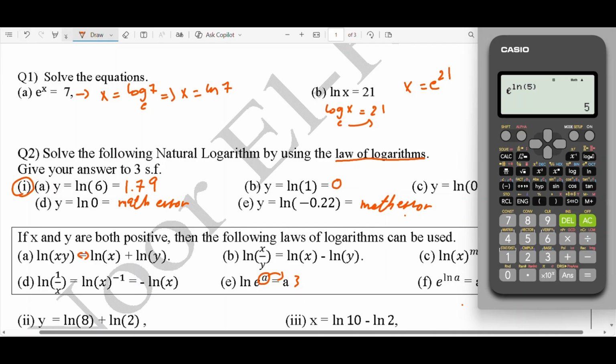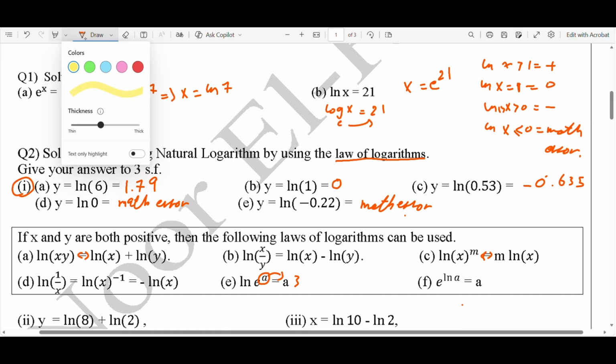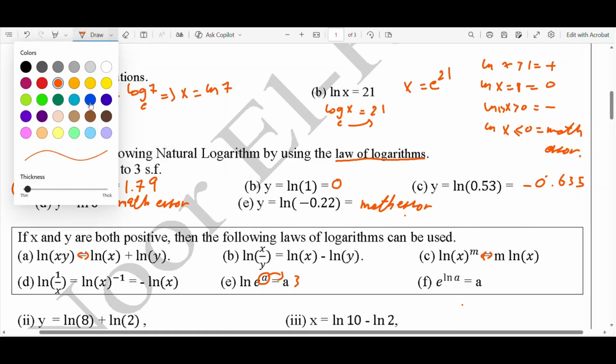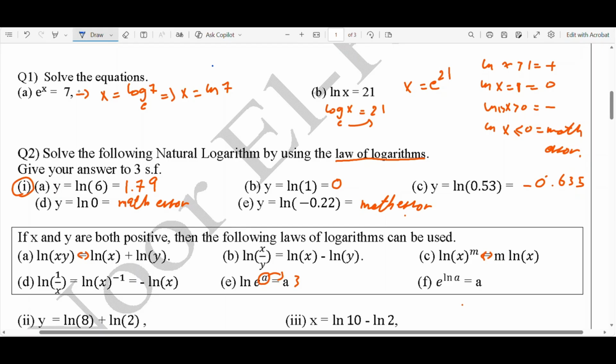I will go back to the two questions above and solve them in another way. I'm going to take ln of both sides because ln is the inverse of e. So it will be ln e to the power x equals ln 7. ln and e cancel each other, so the answer will be x. x will be equal to ln 7.